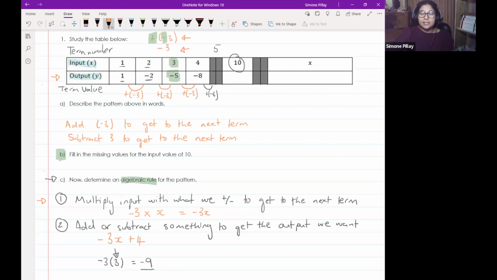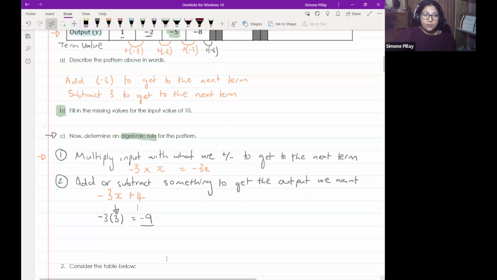I have to add 4. And then all that we have to do after that is write out our equation in an algebraic way. And that is going to say my output is going to be my input multiplied by -3 and then +4.